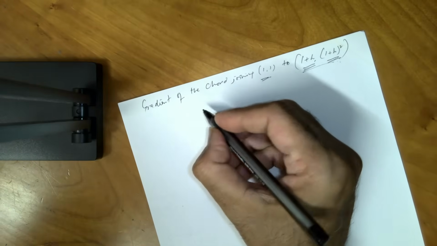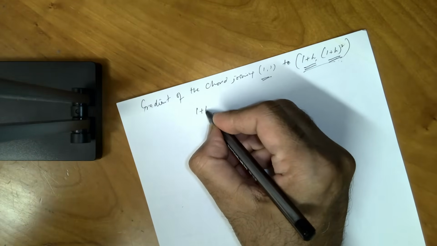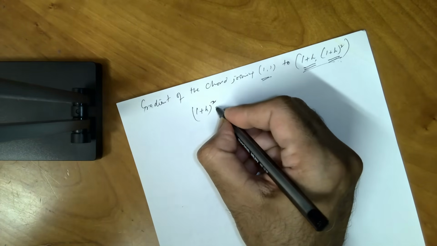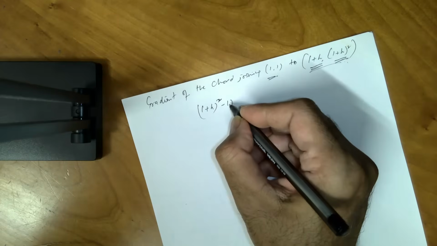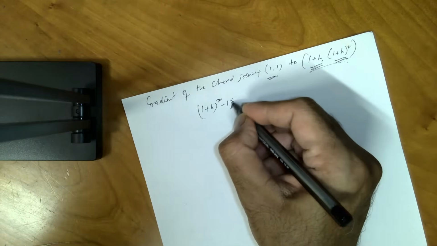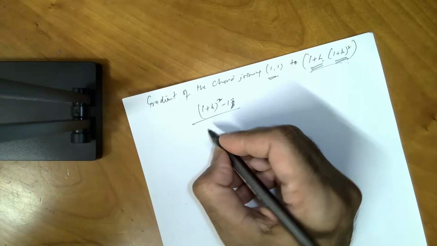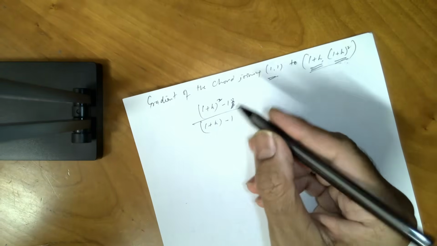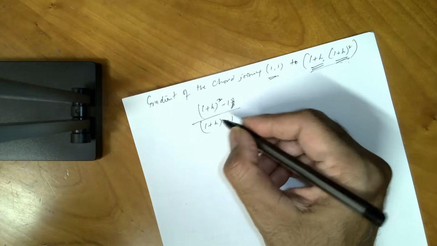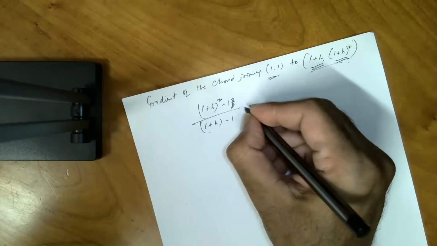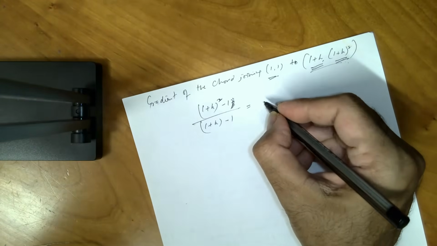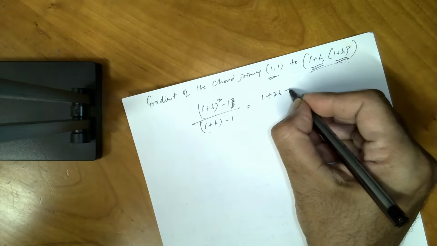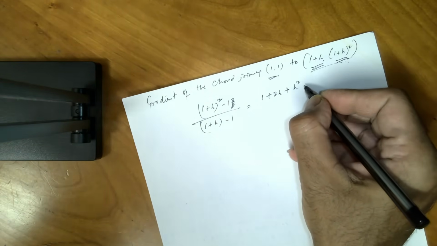So what will that give you? That will give you 1 plus h, square, in bracket, minus 1, and then you got 1 plus h minus 1. Okay, so calculate this one, please. I can quickly go for you that, and that will give you 1 plus 2h, you open this, plus h square, and then you have minus 1.